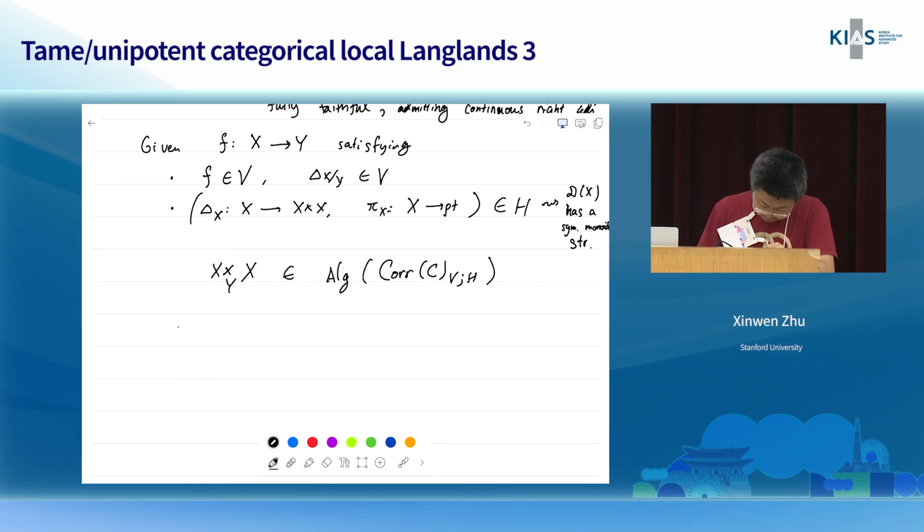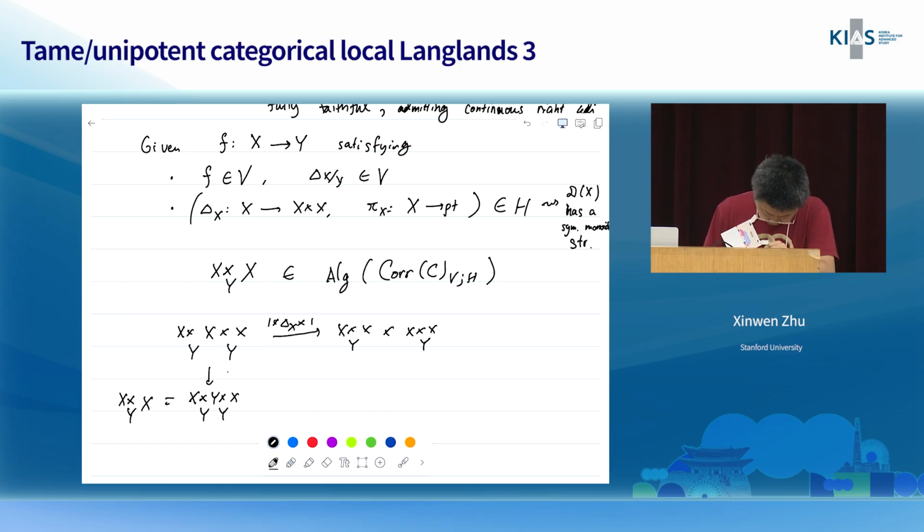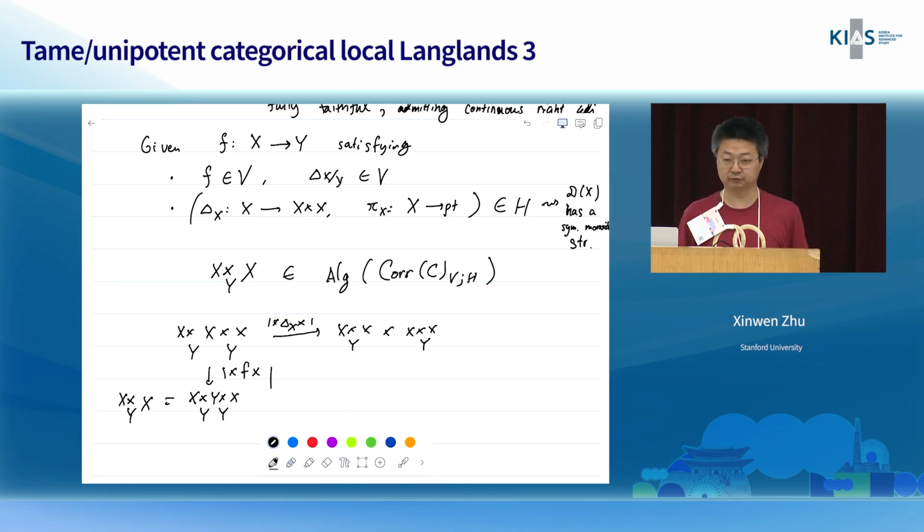Because, for example, the multiplication is going to be defined as follows. Under our assumption, we can pull back along the diagonal of X and then push forward along F. So this defines a multiplication.